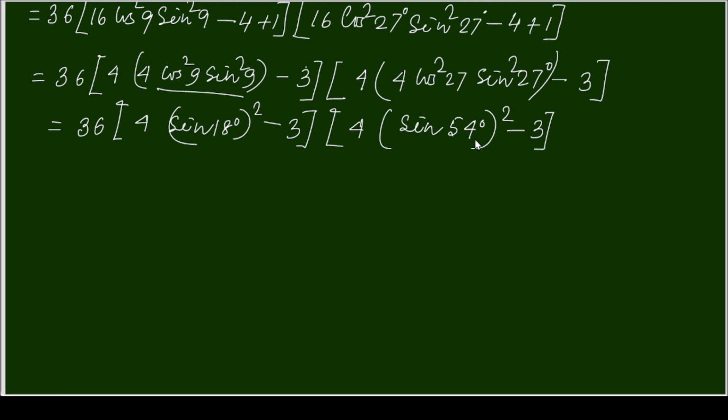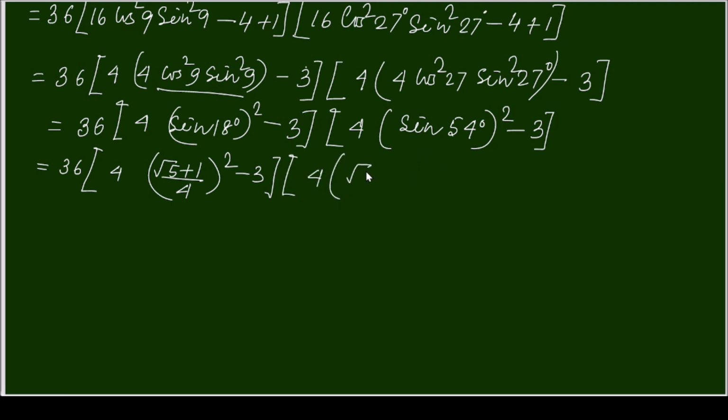Sine 54 is nothing but cos 36 degree. So if I apply the values, it will be 4 times sine 18, which equals square root 5 minus 1 by 4, its square minus 3, and here it will be 4 multiplied by sine 54, which is square root 5 plus 1 by 4, whole square minus 3.